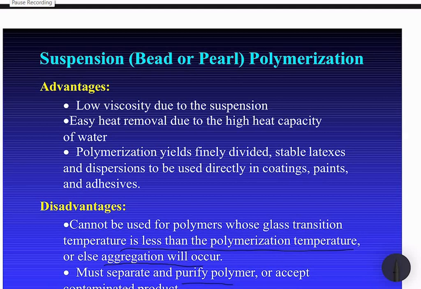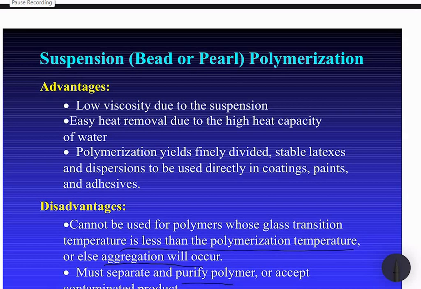So water can absorb a lot of the heat of polymerization intrinsically. The removal of heat is much improved in this case, and polymerization yields finely divided stable latexes in case you can resist the precipitation after polymerization.